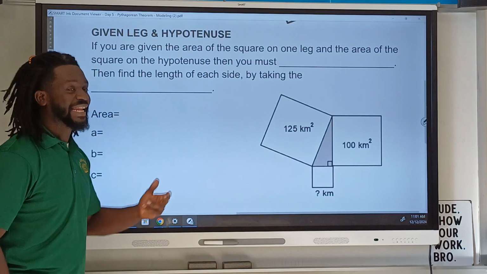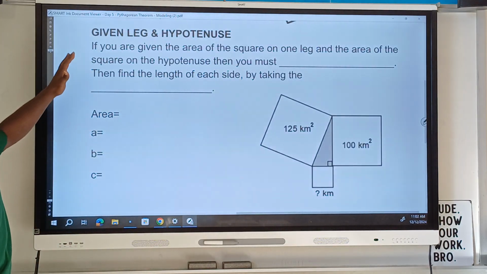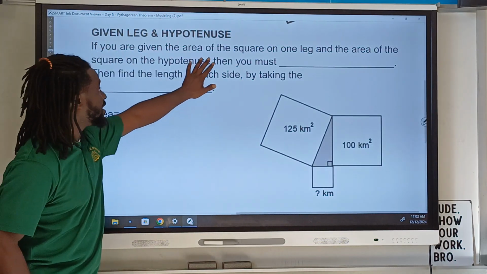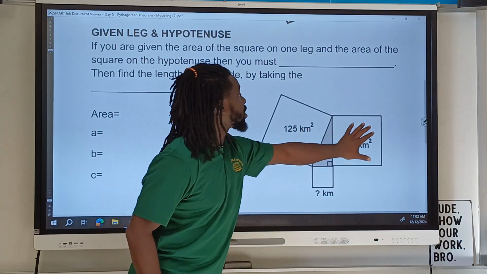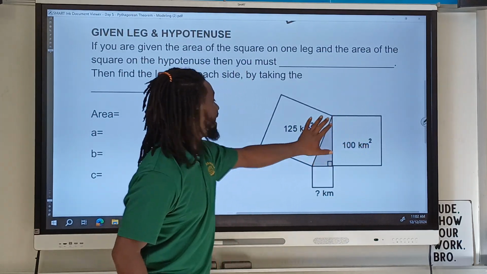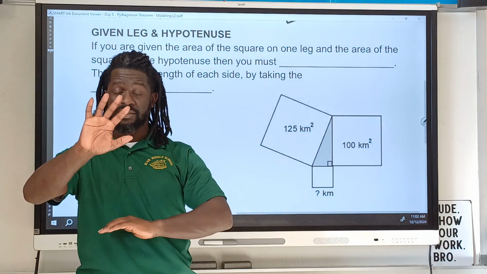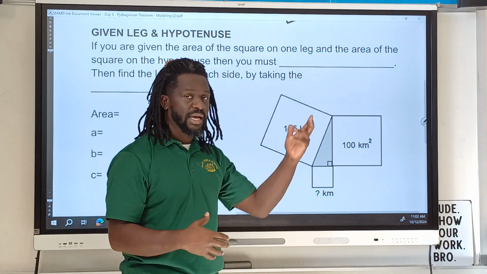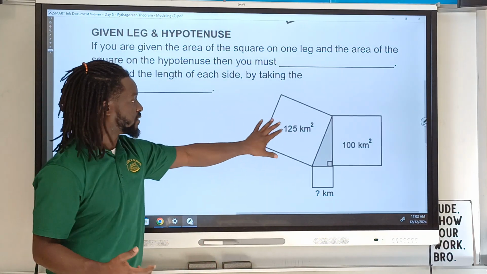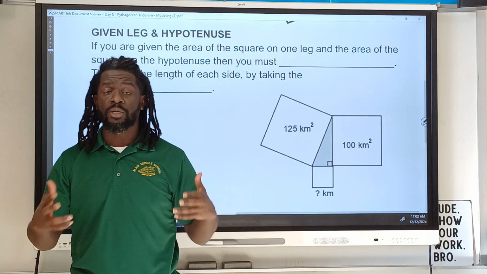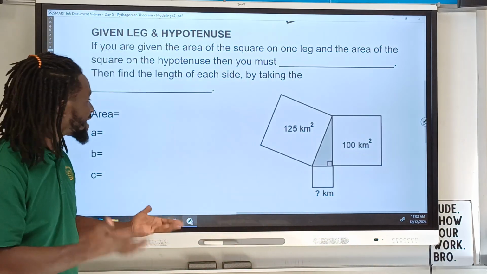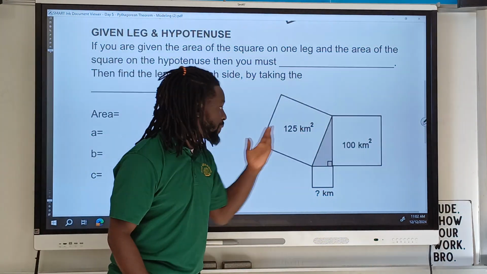In this next example, this time I'm giving the area of the square along the leg and the hypotenuse. In the previous one, I had both legs and I was finding the hypotenuse. Now I have the hypotenuse and the leg. And you might be wondering, but Mr. Raymond, how do I know that that's the hypotenuse?